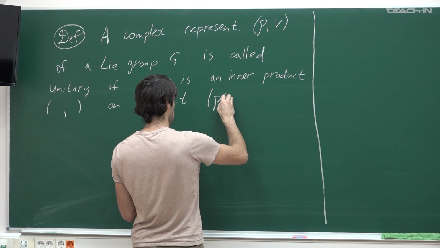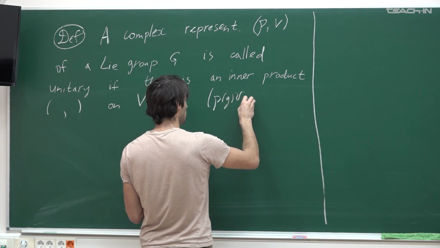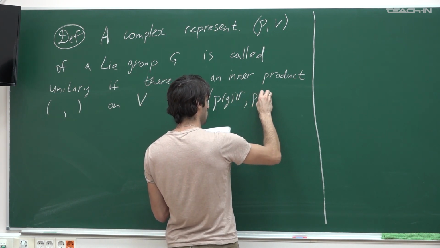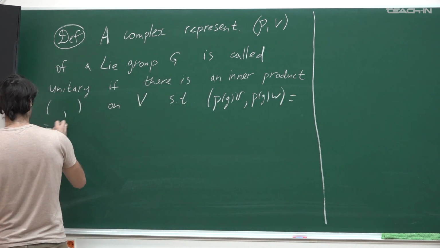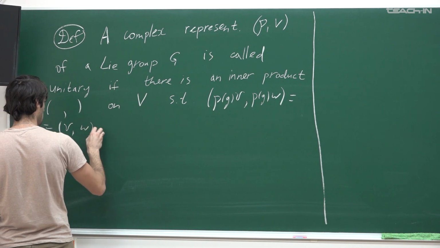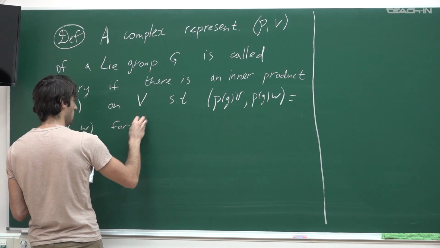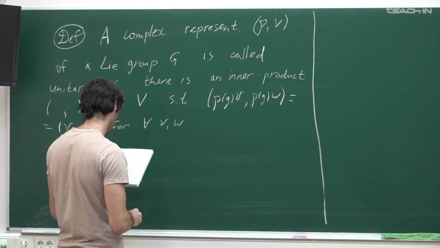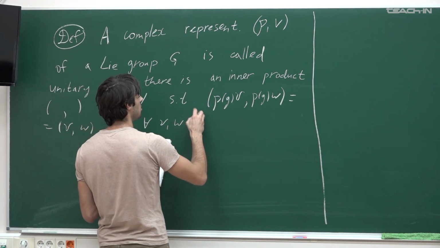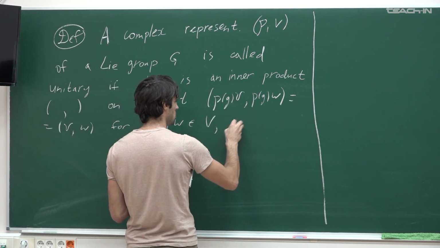So inner product of rho of g v and rho of g w equals the inner product of v and w, for every v and w in V and g in G.